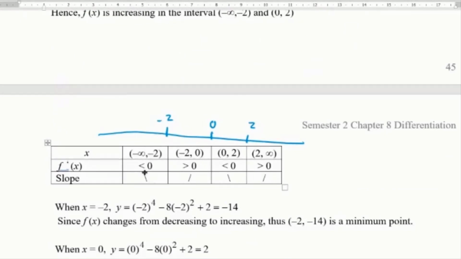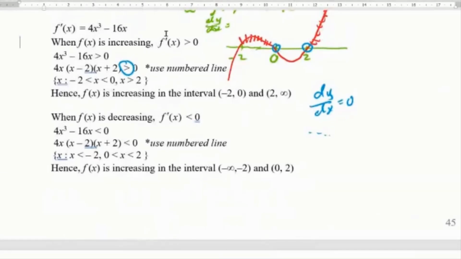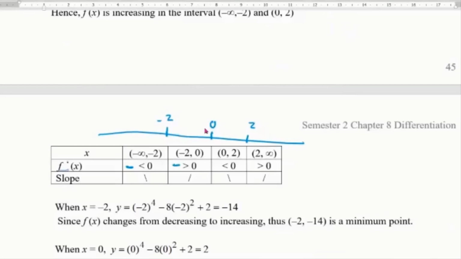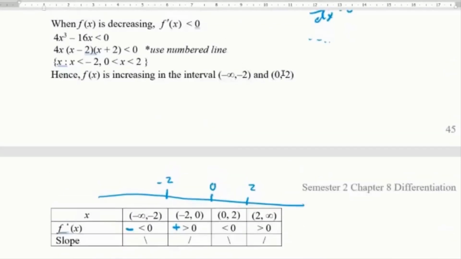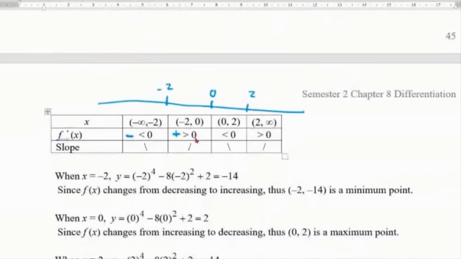Either you write less than 0 or negative, both are fine. Then -2 up to 0 is positive, and this is positive. From 0 to 2 just now this one is negative, and this one is positive. Now you compare: negative means the slope is going down, positive means the slope is going up.